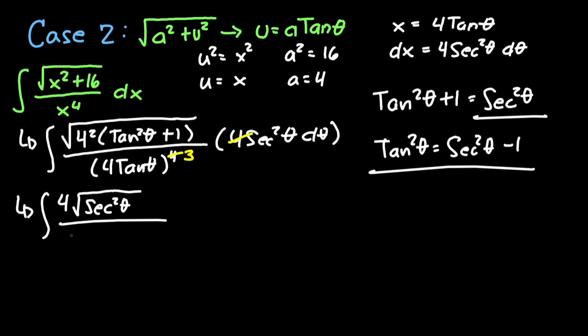So this would be 4 cubed tangent, wait, this should be only 4 tangent 4 of theta multiplied by secant squared of theta d theta.